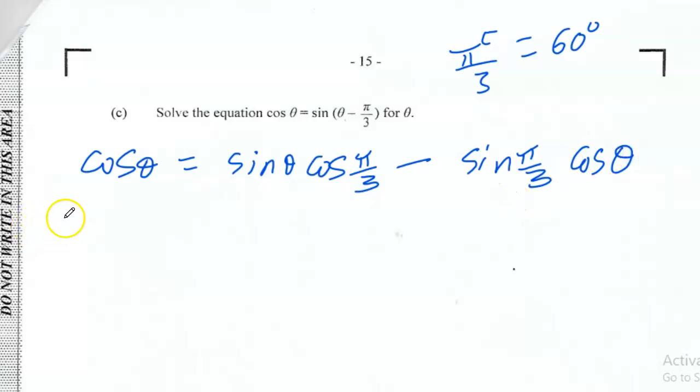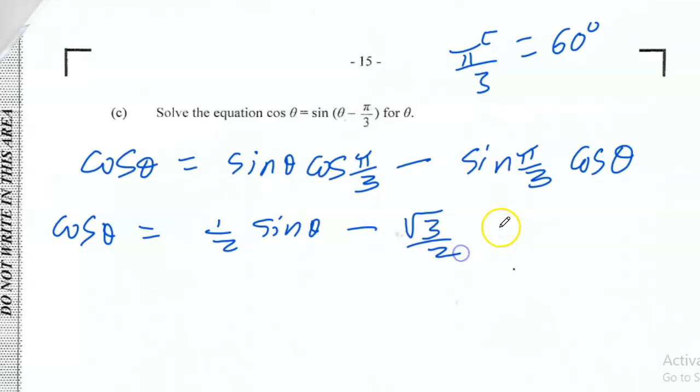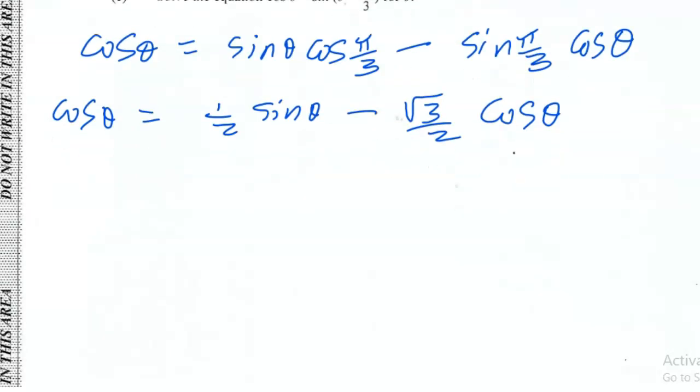Now, cos pi/3, because cos 60 is a half, so it's half sin theta. Minus sin pi/3, that's sin 60. What's this sin 60? Sin 60 is √3/2 cos theta. So we can group the cos theta terms.